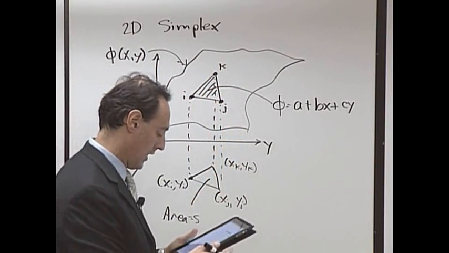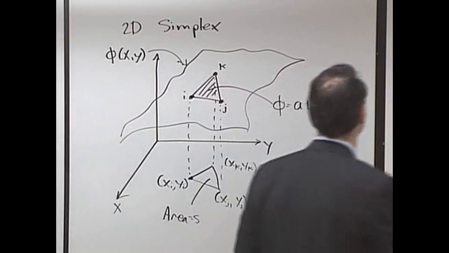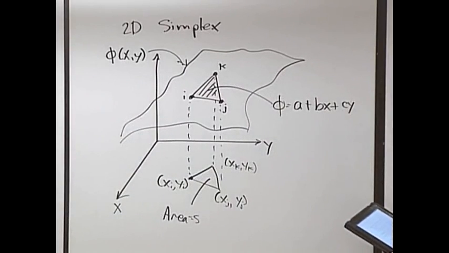So, how do we do this? Well, first of all, here are my constraints. It has to go through the ith point. So I have A plus B xi plus C yi. That has to be satisfied. So if I put myself at xi, yi, it has to go through psi i.